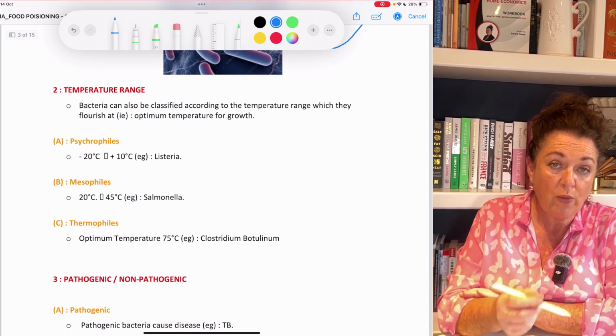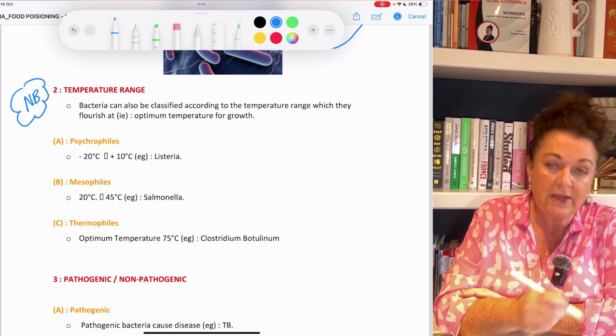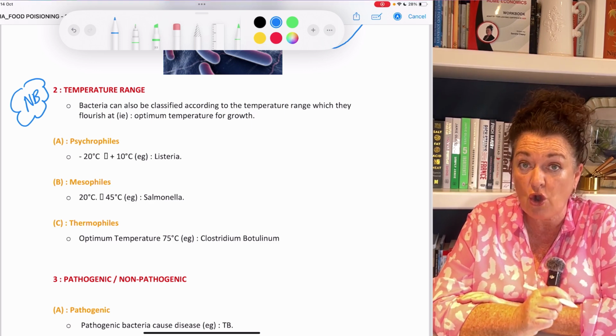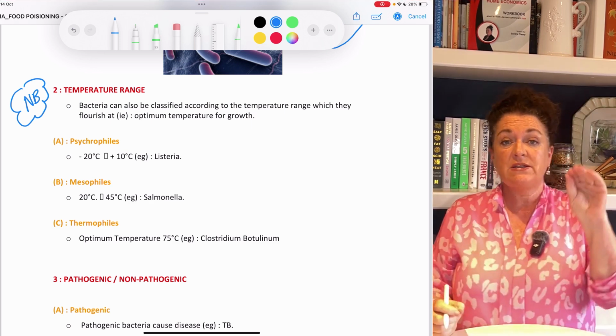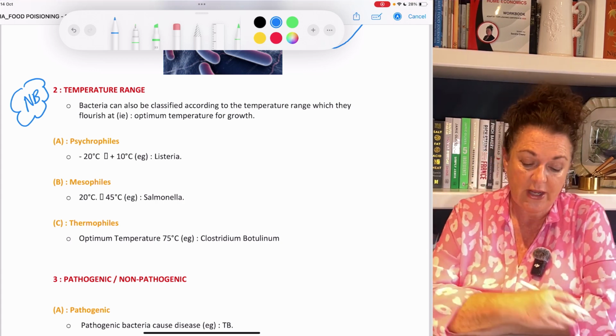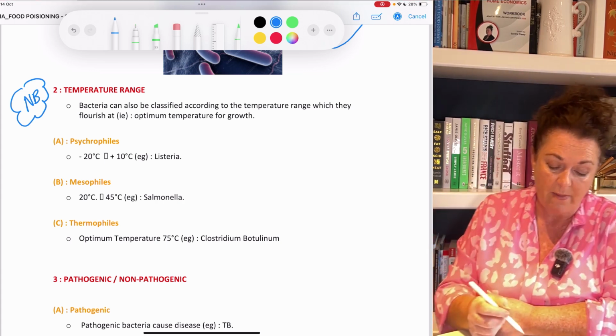Now, on our home economics course, and I'm going to put NB here, please don't pass over this, because one year on a past exam paper, on a short question, they asked to classify bacteria according to their optimum temperature range. This is the range of temperature that they like best.